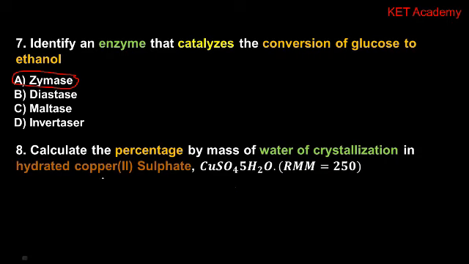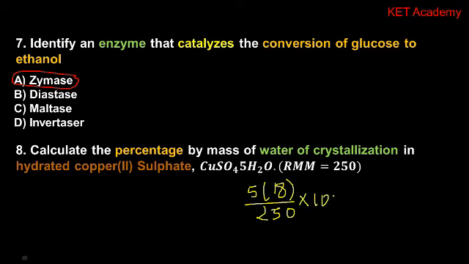To get the percentage by mass of water of crystallization, the formula simply is the relative molecular mass of the water of crystallization divided by the relative molecular mass of the compound times 100%. The relative molecular mass of water is 18. Since it has 5, we have 5 times 18, divided by 250, times 100.